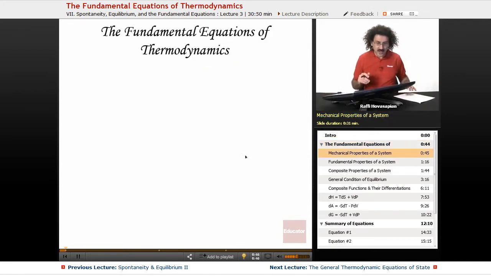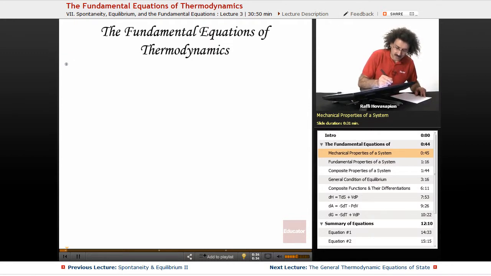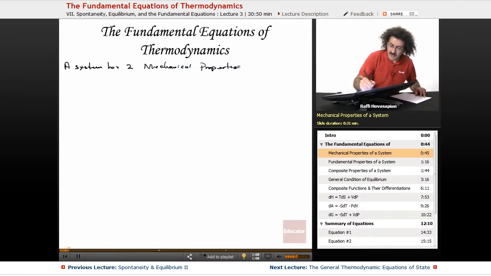Okay, so a system has two mechanical properties. A system has what we might call mechanical properties.